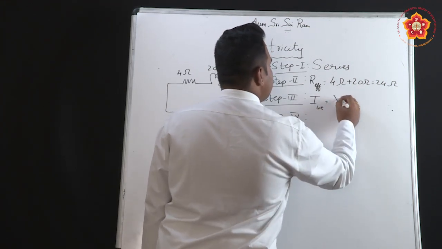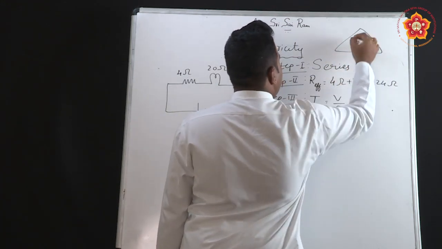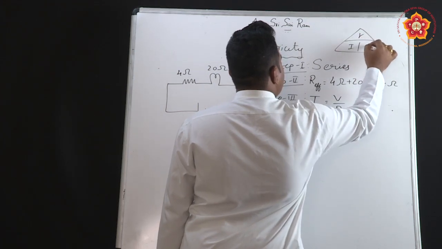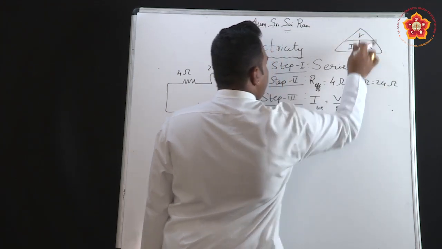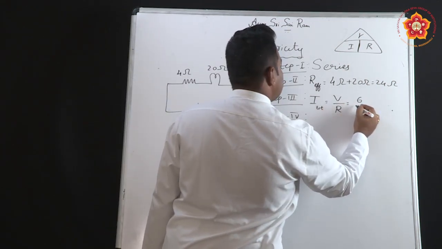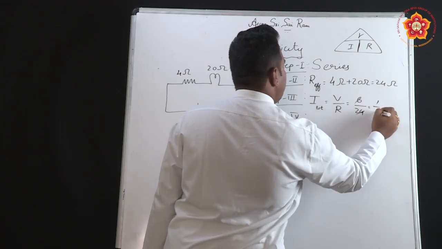From Ohm's law, it is nothing but V by R. So, we have this mnemonic diagram, V I R. So, I will be V by R. The voltage is given for us, the value 6 divided by 24, that is 1 by 4 amperes.